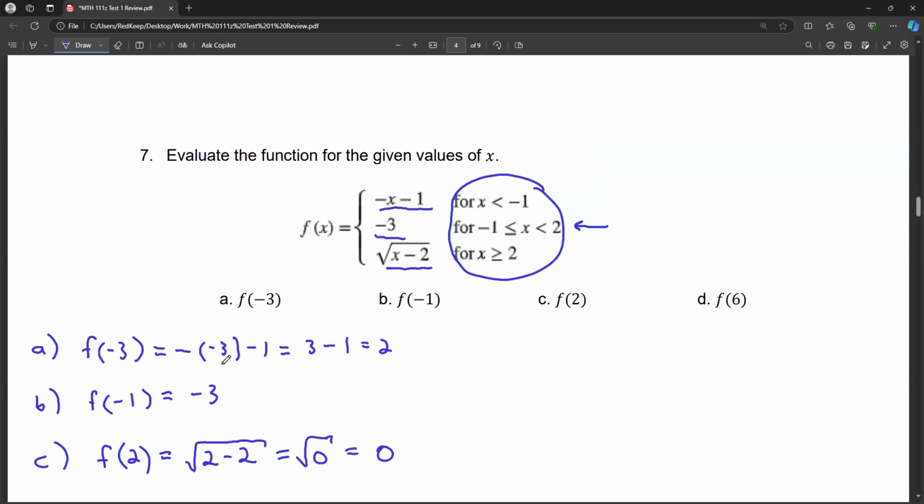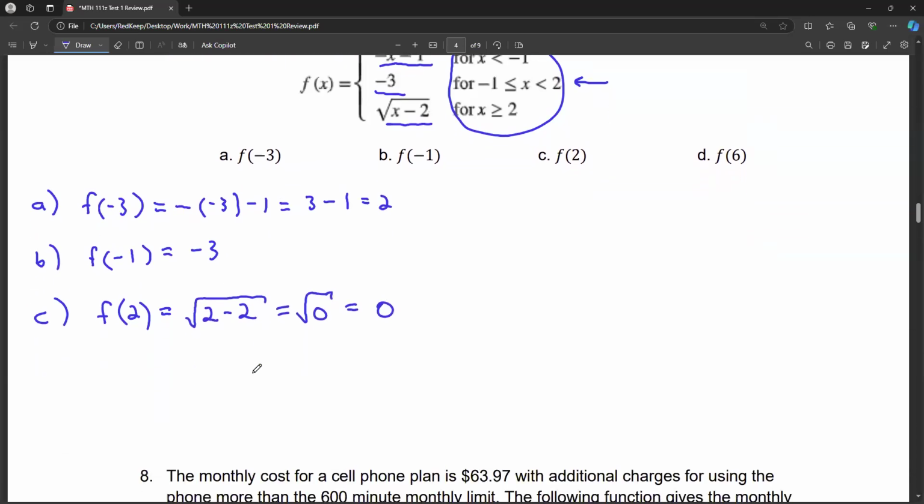Okay, so the last one for question 7 is part D here, and D is saying, what is f of 6? So 6 is greater than or equal to 2. So looking at the right-hand side of our piecewise function, we see, okay, if x is greater than or equal to 2, we use this square root function.